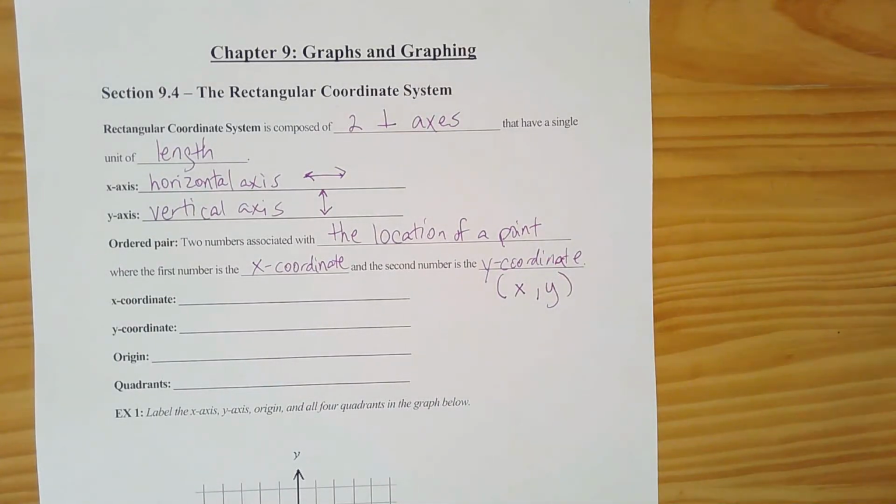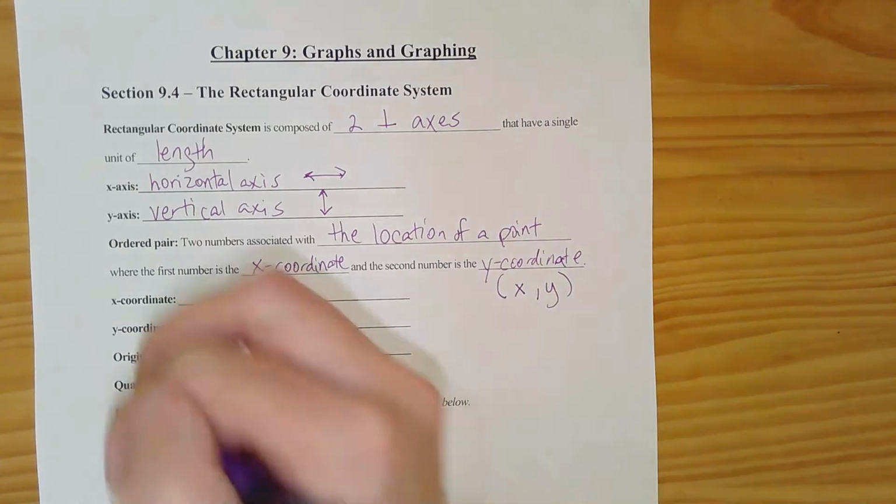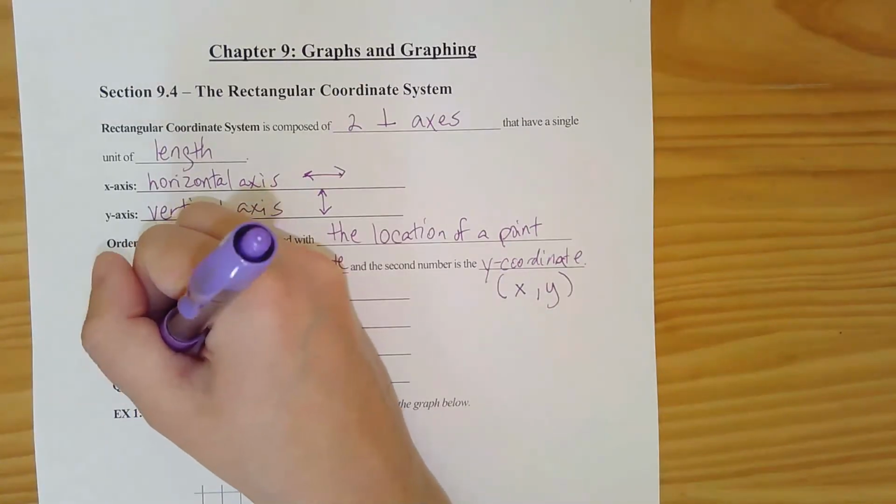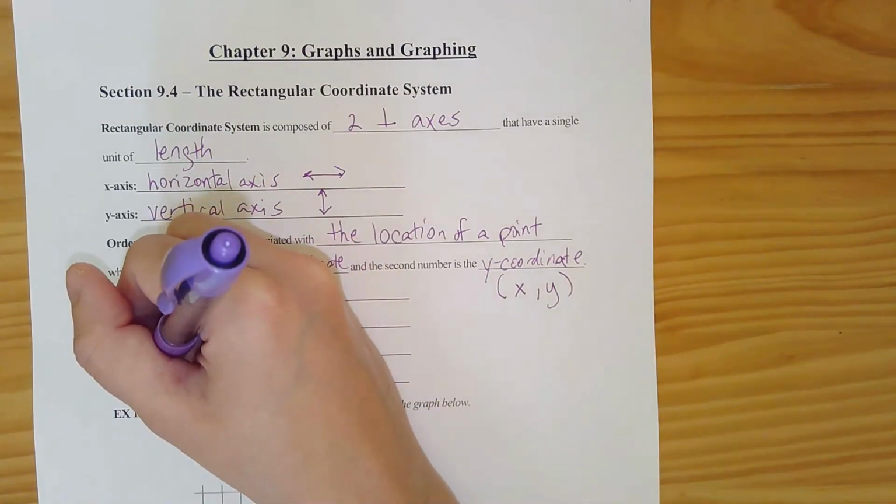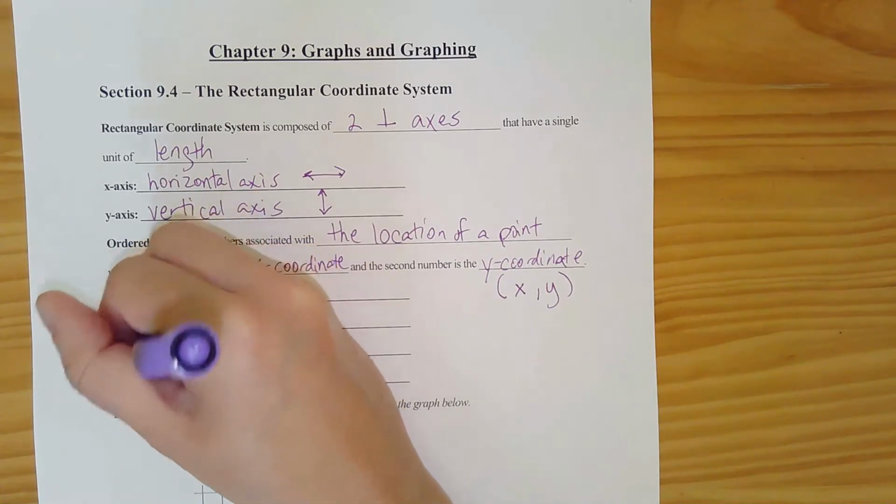So what are these coordinates? Well, x-coordinates give us the horizontal distance from the origin, and we're going to say, well, what's the origin? So let's start there. So the origin is exactly where the x and y axis meet.